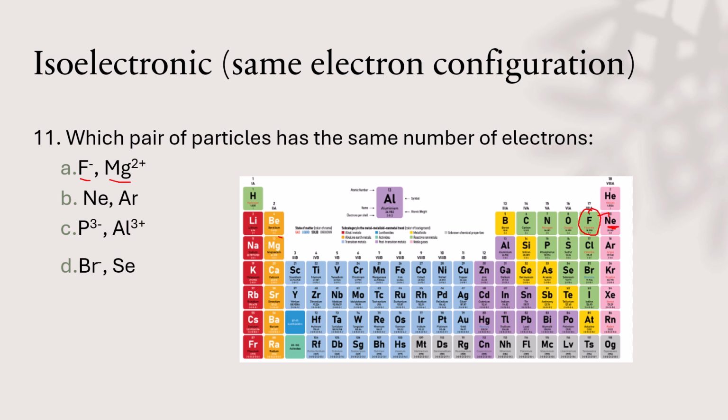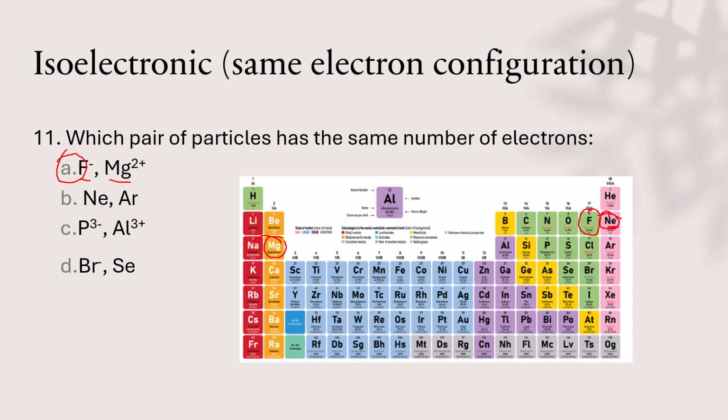Finding magnesium on the periodic table, if it has a 2+, that means it's losing 2 electrons, so we're going to go backwards. Losing 1 electron, we would be at sodium. Losing another electron, we're at neon. So both of them are isoelectronic with neon, meaning they will have the same number of electrons as each other. So they'll have the same electron configuration.